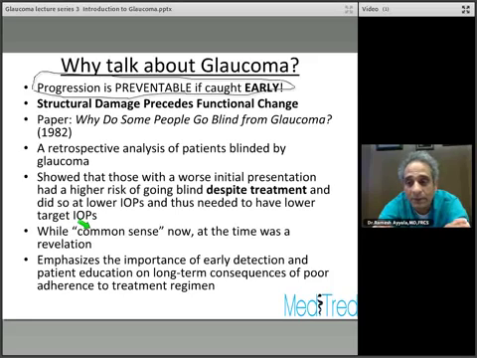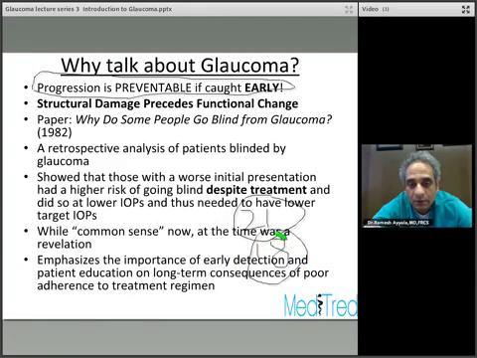If the patient presents to you with advanced vision field loss and advanced optic nerve damage, a pressure of 21 is not good enough. Even a pressure of 18 may not be good enough. And so in these patients, you want to reduce the pressure closer towards 10 and keep it around 10 if you want to maintain that vision field that they presented with.